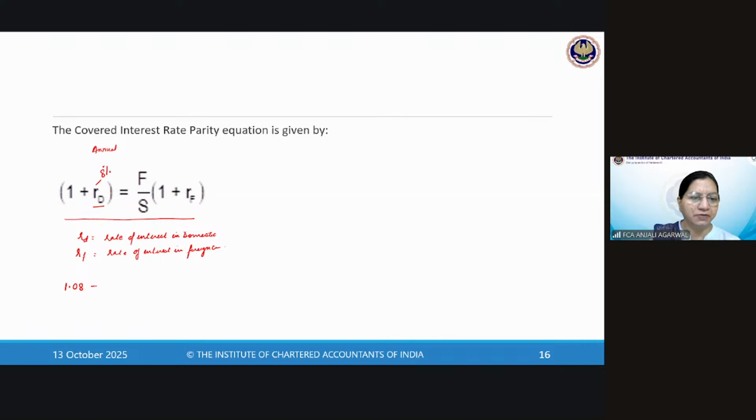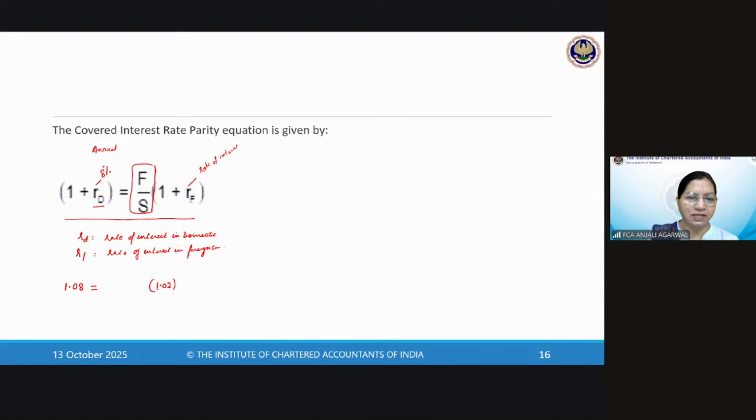So it should be equal to 2% in foreign currency, rate of interest of US, right? How can 1.08 be equal to 1.02? It has to increase by some number. So this is the factor by which we will multiply.